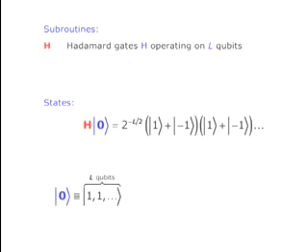This state of the L qubits plays an important role in the analysis of this algorithm, so let me give it a name, mu. So H acting on |0⟩ equals |μ⟩. And since the Hadamard gate is its own inverse, it must also be true that H acting on |μ⟩ equals |0⟩.